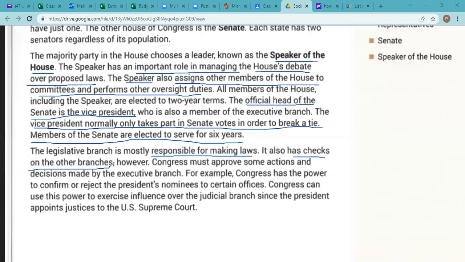Now, in that Senate and in that House of Representatives, you do have Republicans and Democrats and maybe some other party members. But when it comes to the Senate, you have two from every state. You have a Democrat and a Republican, I'm sorry. Now, when it comes to the House of Representatives, it's not equal.